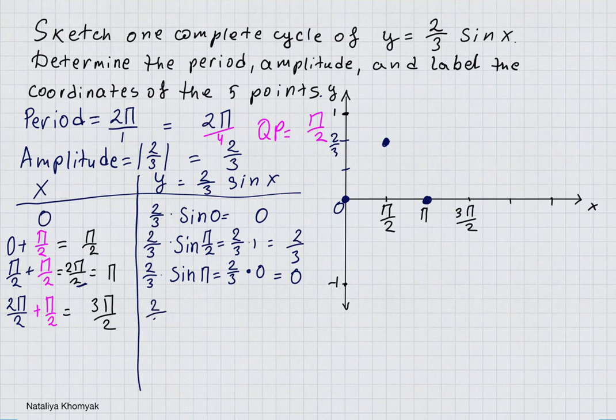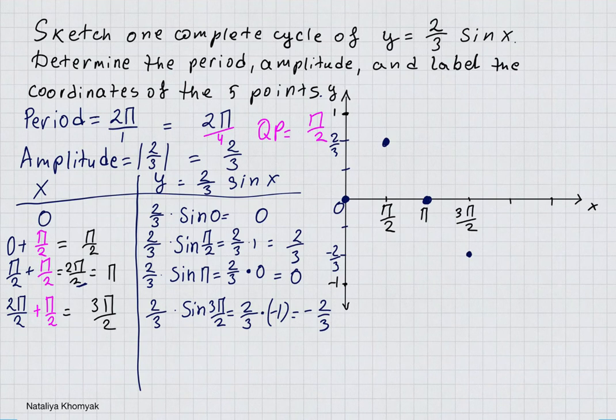We have 2/3 times sine of 3pi/2, and sine of 3pi/2 is equal to -1. This was equal to -2/3. Negative 2/3 will be around here. So when x is 3pi/2, y is negative 2/3.